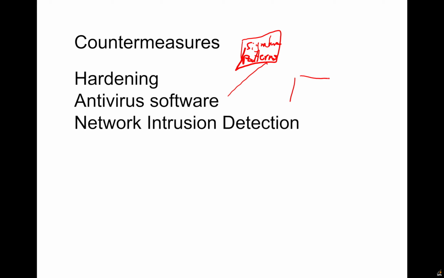And the other element is dynamic analysis, where you actively observe how the program interacts with the hardware, with system calls and so on. And every time there's some suspicious activity, you stop it. Very similar to that is also network intrusion detection.